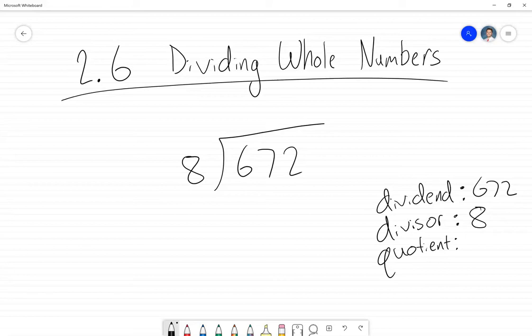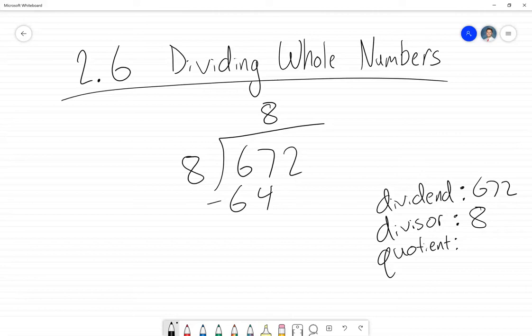How many times does 8 go into 67? Or how many groups of 8 go into 67? 8 goes into 67 8 times, because 8 times 8 is 64. So we can make 8 groups of 8 with 67.